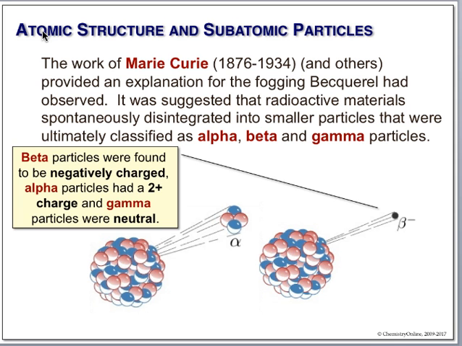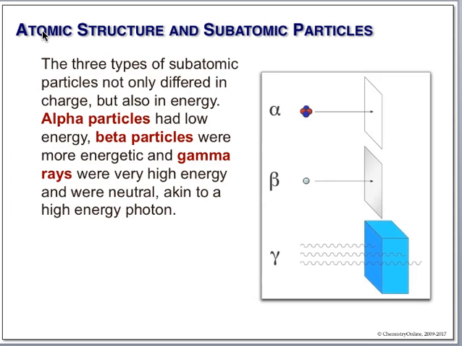And these were particles that were actually emitted from the nucleus. So the nucleus spit these things out. And these little things were what was fogging the plate. Now, alpha, beta, gamma rays vary in nature and in energy.